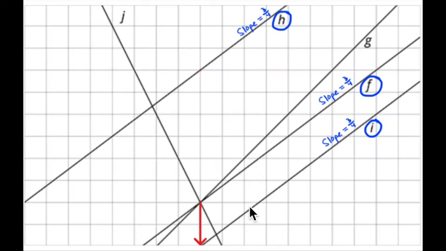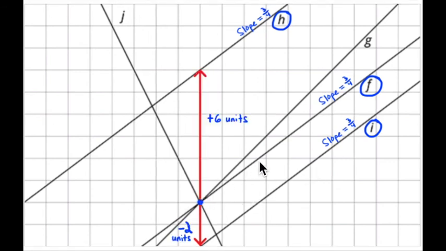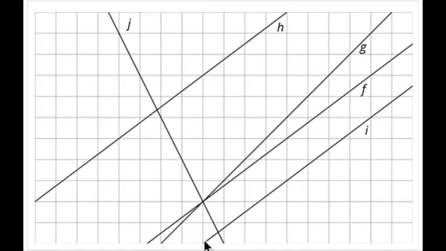Wherever you go on F, go down 2 units, you get to I. If you go up 6 units, wherever you go on F, you're going to get to line H. Hmm, I don't think this fits. No, it doesn't fit. You have to go down one more space. So H is a translation of 6 units up of F, and I is a translation of 2 units down of F.